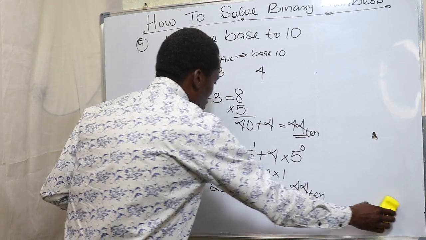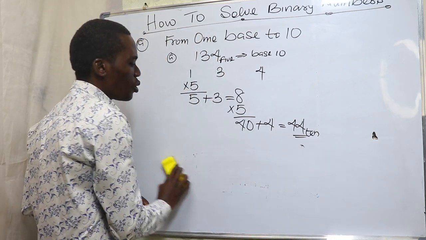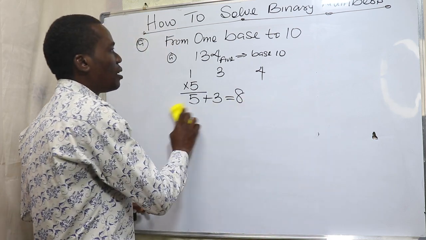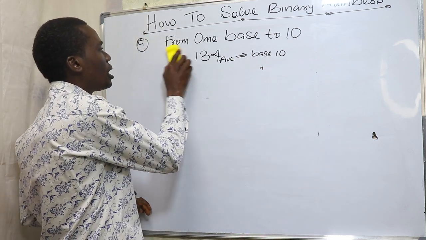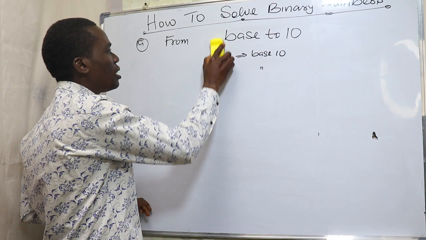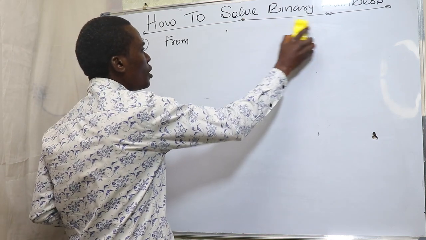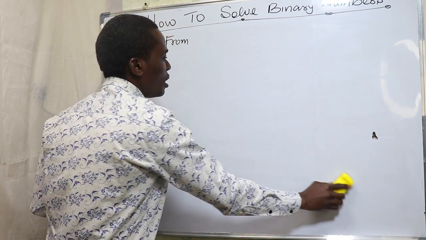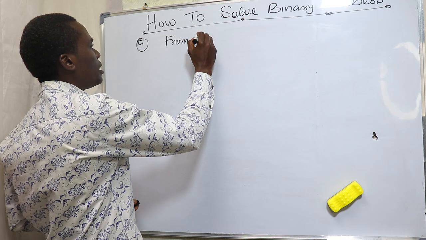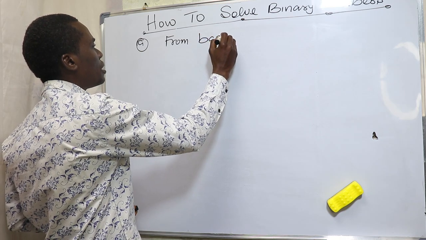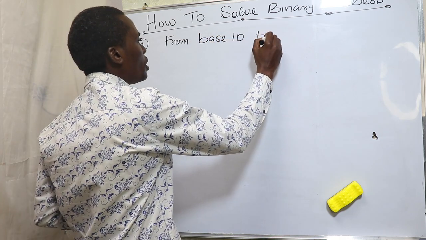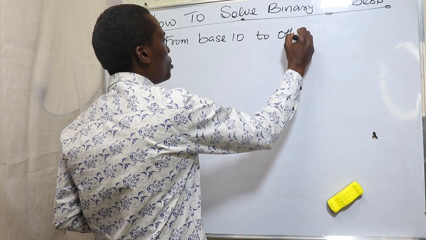Another thing I want to teach you is how to convert from base 10 to other bases. So here we change from base 10 to other bases. If we want to convert from base 10 to other bases, what will you do?